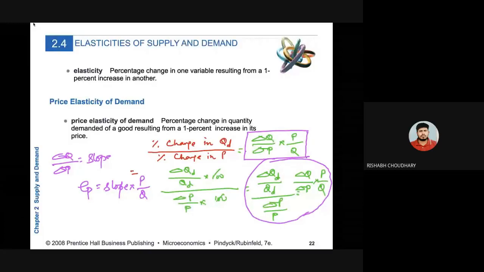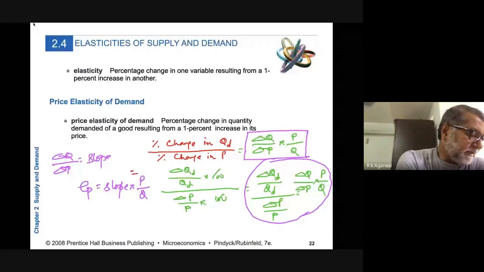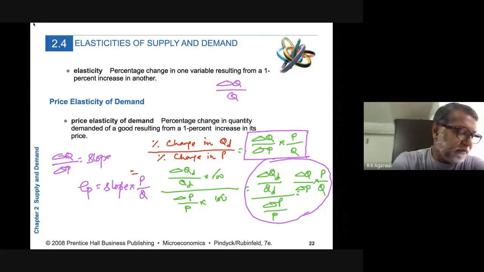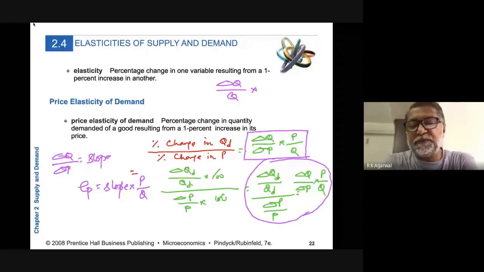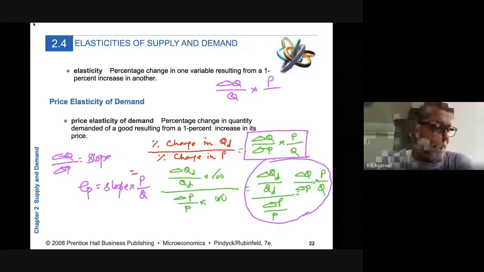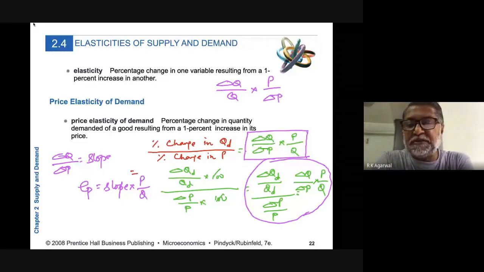Yes, sir. Okay. So let us say this is delta Q by Q, and then this is delta P by P. So instead of dividing it, if we multiply this, then the denominator will have to be written in terms of its reciprocal, P by delta P. So when you convert from division to multiplication, the denominator can be written in terms of its inverse.